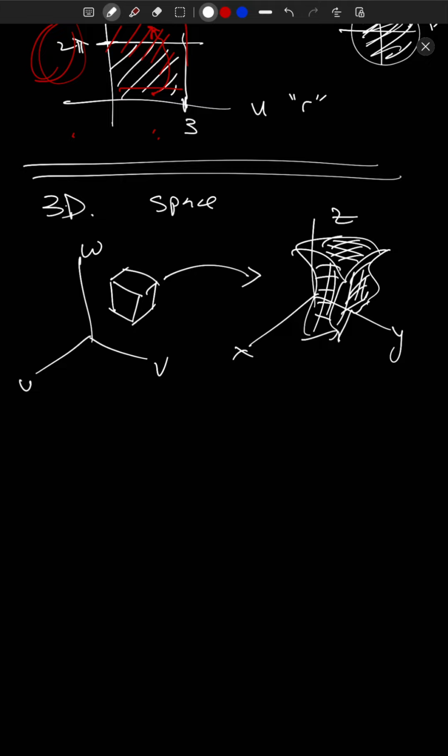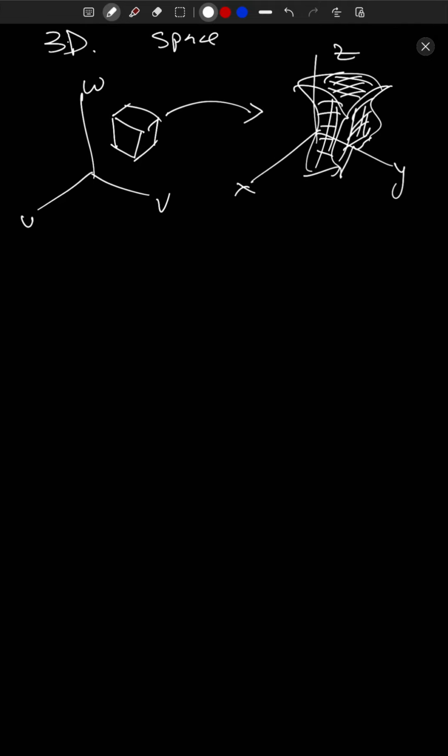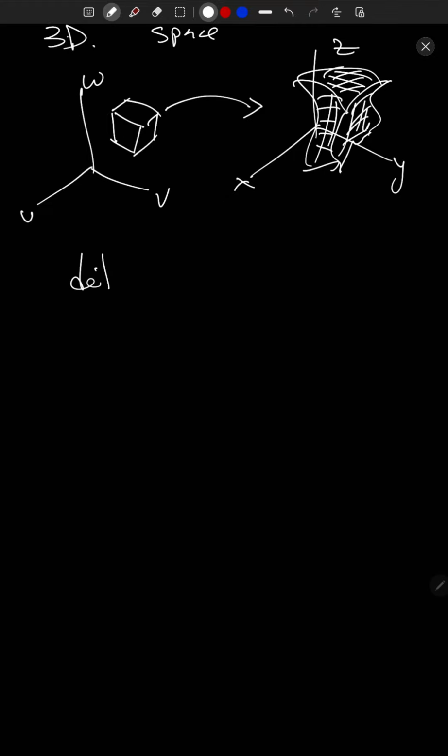We still have to do a compensation factor. And what is that going to be? Well, it's going to be a determinant, now of a 3x3 matrix.